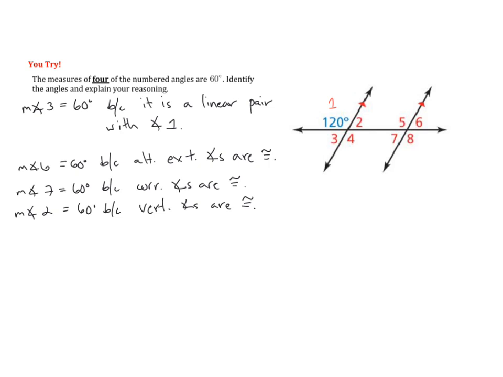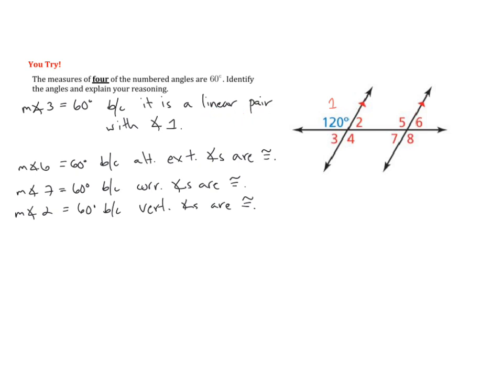Now, the first thing that I did was to label angle 120 degrees as angle 1, just to make it easier to refer to. Now, I know that measure of angle 1 is 120 degrees, and if I take a look at angle 3, or if you put angle 2, that works as well. But either way, angles 1 and 3, or angles 1 and 2, are a linear pair.